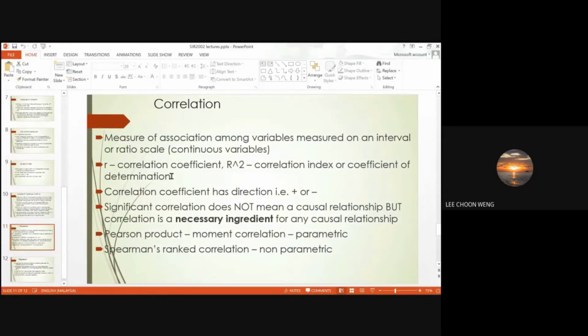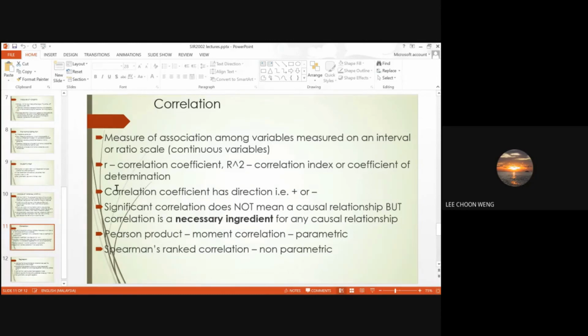Usually what we'll use is the Pearson product moment correlation, which is the parametric statistic for correlation. For the non-parametric approach, you have the Spearman's rank correlation.